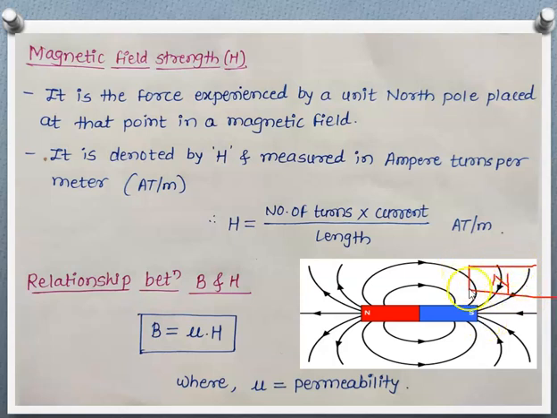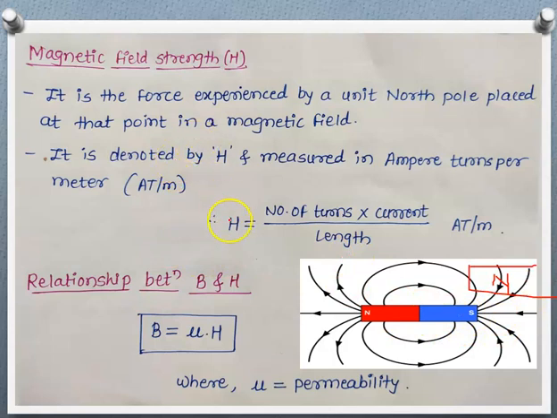Then the force experienced by this unit north pole placed at this particular point is known as the magnetic field strength H of this magnet. The force experienced by the second unit north pole, which is placed in the magnetic field of the first magnet, is the strength of this magnet. To calculate the strength of this magnet, another north pole is placed here, and the force experienced by this north pole gives the value of magnetic field strength.